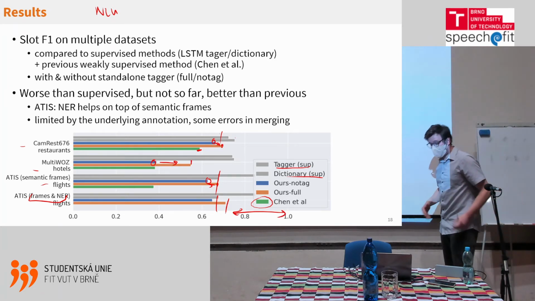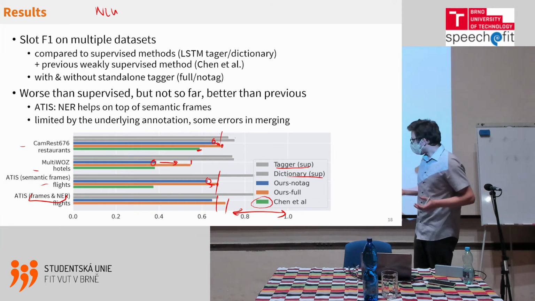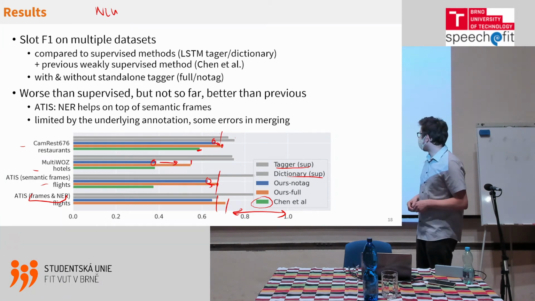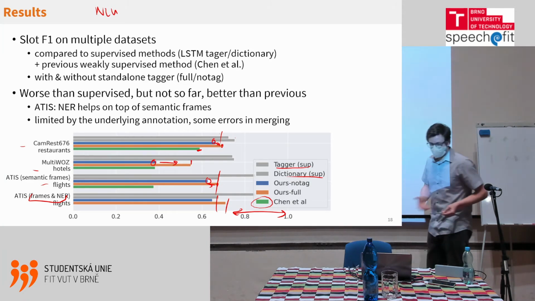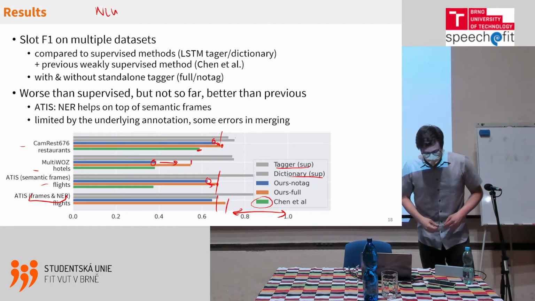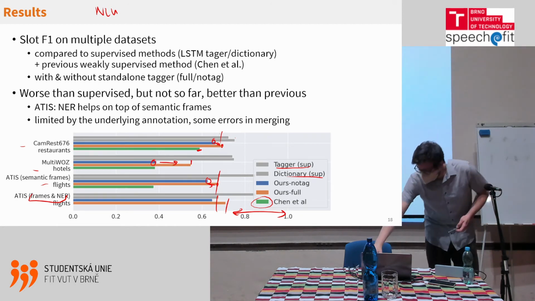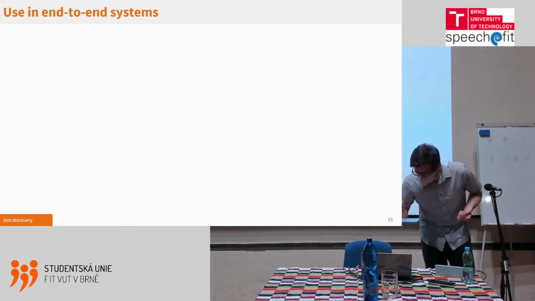It's limited by the fact that some things are just not captured in the semantic frames or named entities. And the merging process is obviously also not flawless. But it is some kind of annotation that may be meaningful, and this is what we wanted to try.